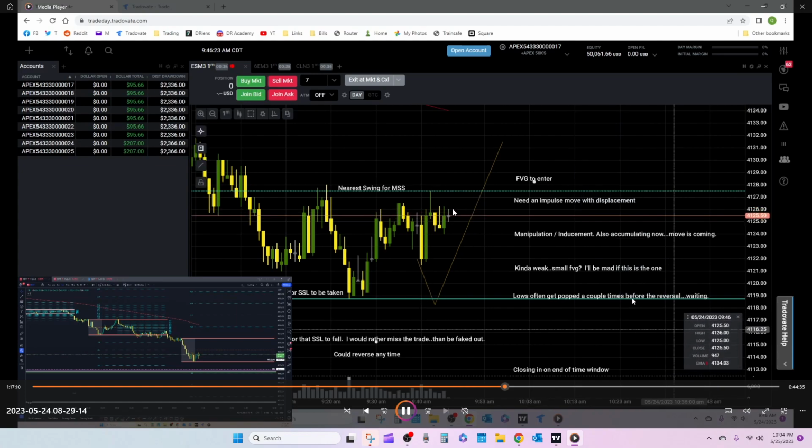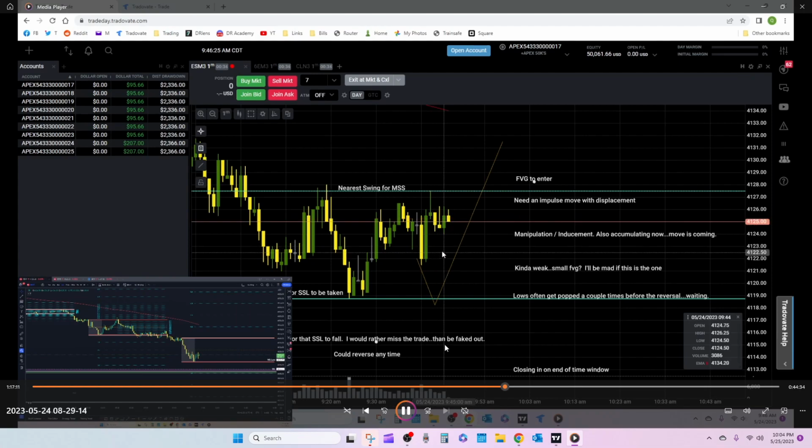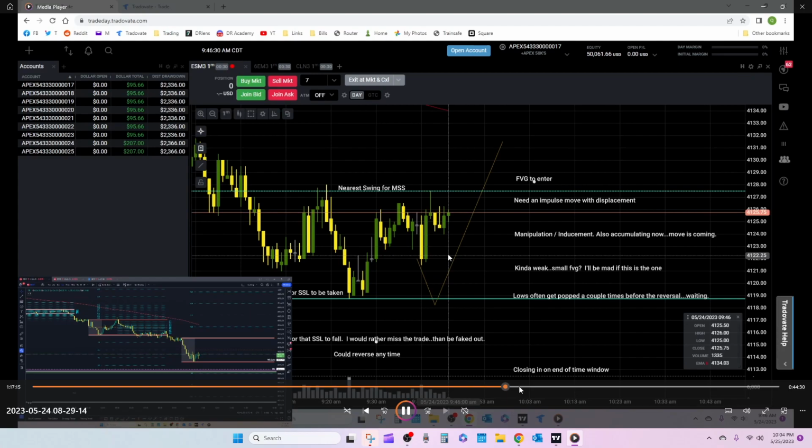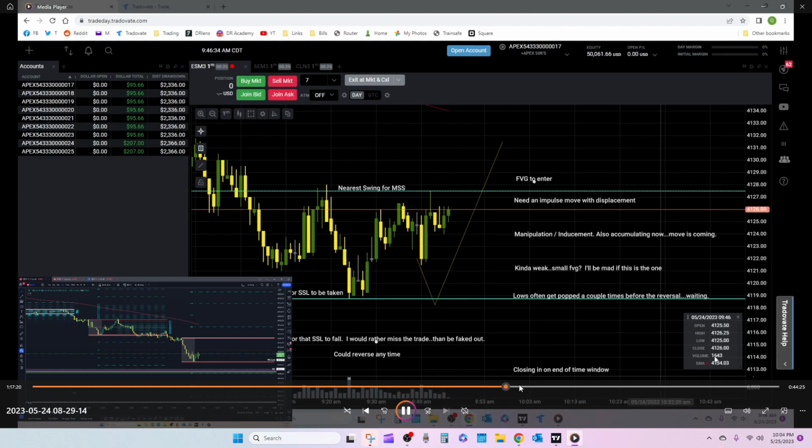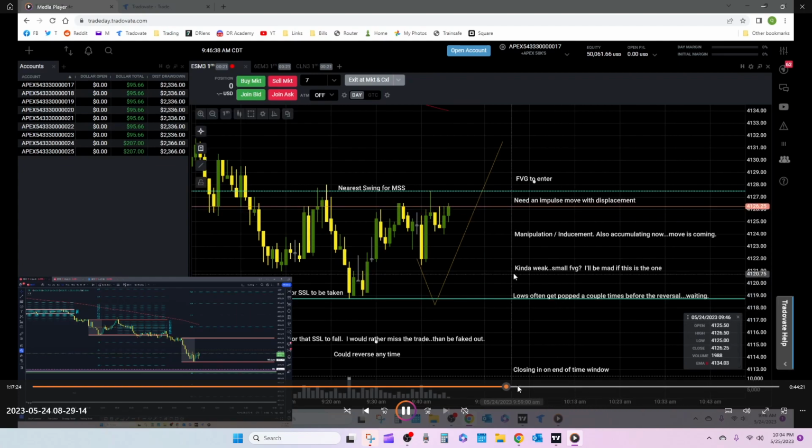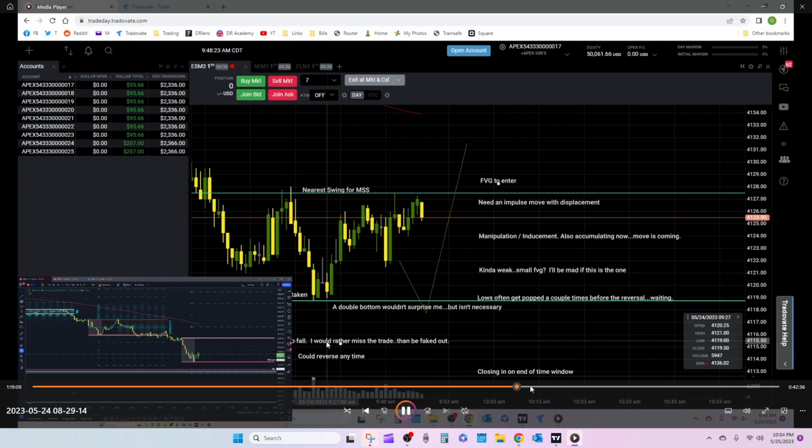So when it does move, it's going to move strong, and that's the move we're waiting for. That's the whole idea behind the silver bullet, that liquidity is taken and it creates, you know, a substantial move, and we get in on that move with the institutions. Okay, so still moving my swing.